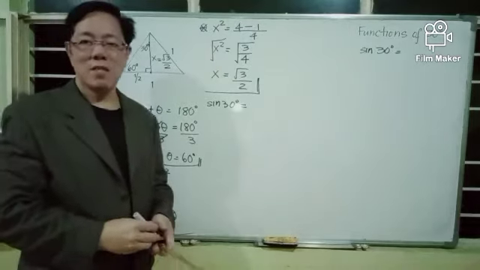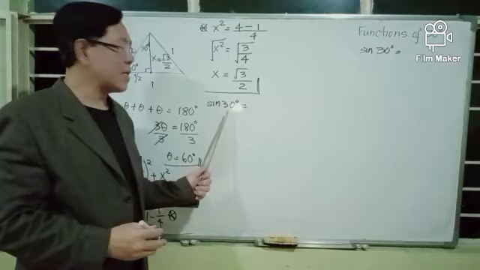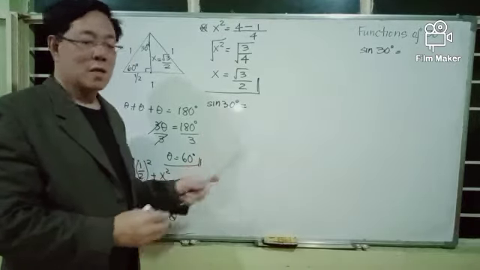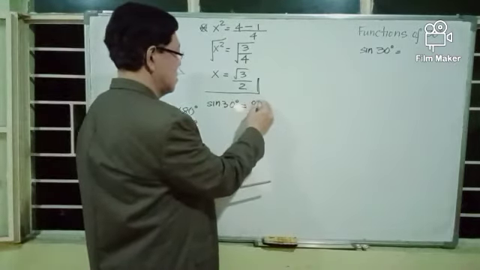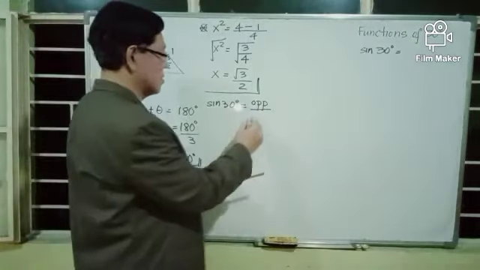From our past lesson, the value of sine of an acute angle is equal to the ratio of the side opposite the acute angle and the hypotenuse.